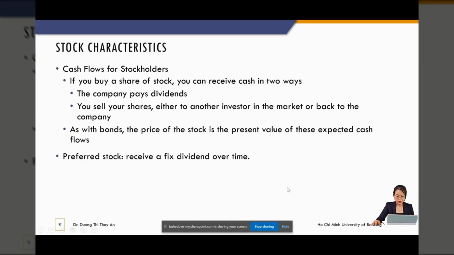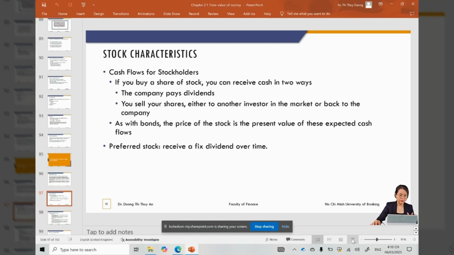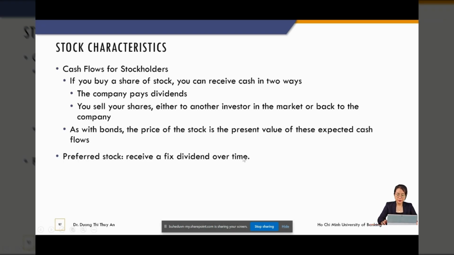So have you ever bought a stock? If you buy a stock, yeah, what do you expect to return? First of all, you expect to have profit from selling the stock, right? Profits come from the difference between the price you buy and the price you sell.